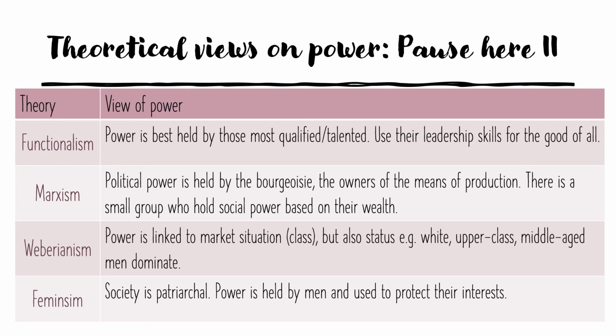And he might say it's white, upper class, so we might look at ethnicity, we might look at social class, we might look at age, so he might say middle-aged men, and we might look at gender. So again, it's men who dominate. So Weber said, yep, your class is part of it, but it's not the whole picture. We also need to look at your status in society.